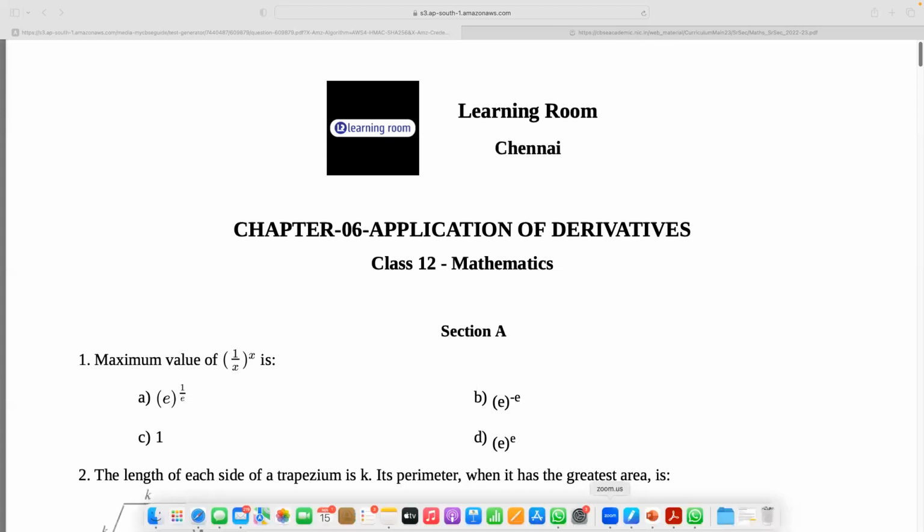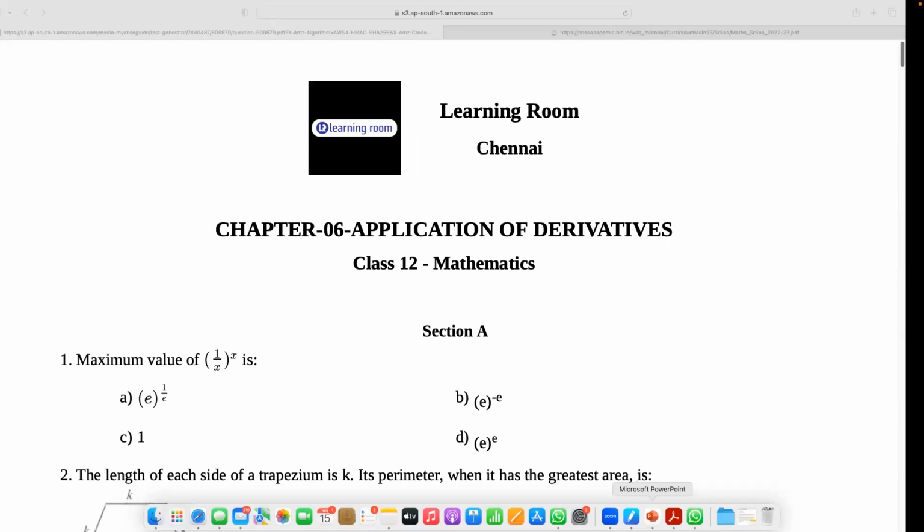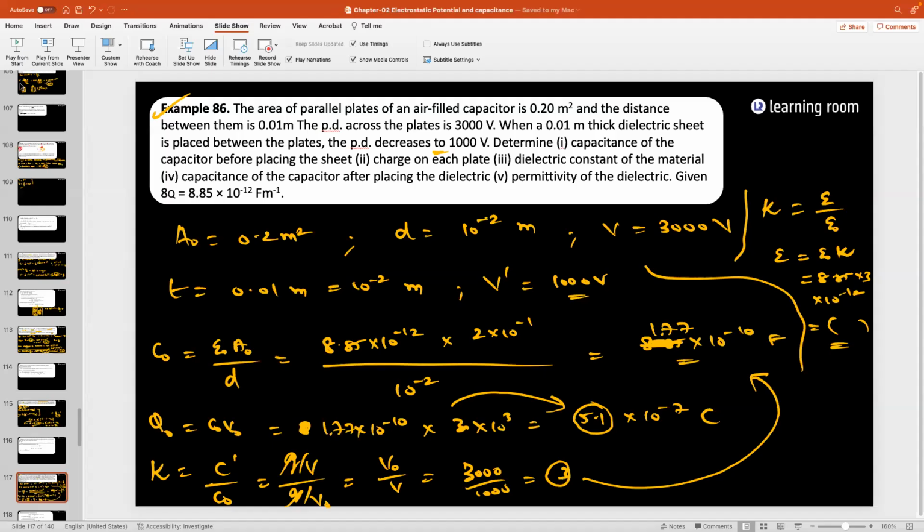What are you able to see? Are you able to see the PPT or the question paper? Question papers. Okay. Now we are able to see the PPT, no? Yes, sir. It's in 2 devices.